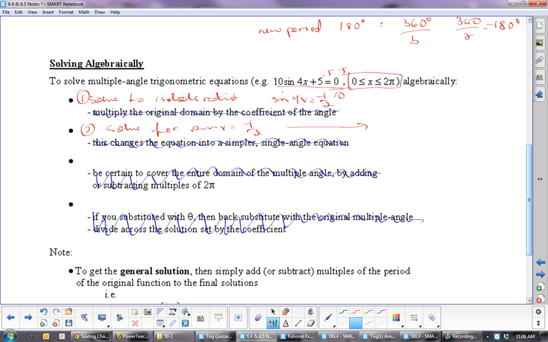Okay, so I'm going to draw an arrow here, and I'm going to do it visually. Sine, so we get CAST, right? So when is sine negative? It is negative in these two quadrants, right? And when does sine equal negative 1/2? There and there. So what would be my angles, just by looking at it?